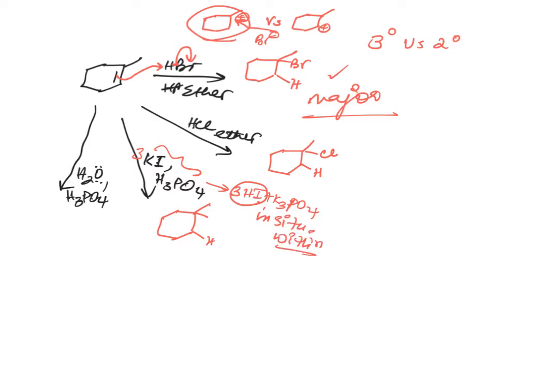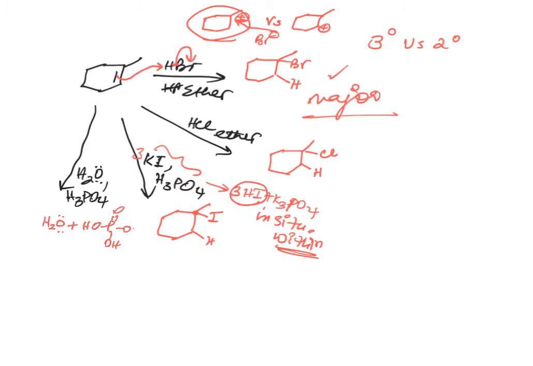So that HI that gets generated within is going to go through the reaction, and you get your addition of the HI across the bond. And that ends up giving you your 1-iodo-1-methylcyclohexane.